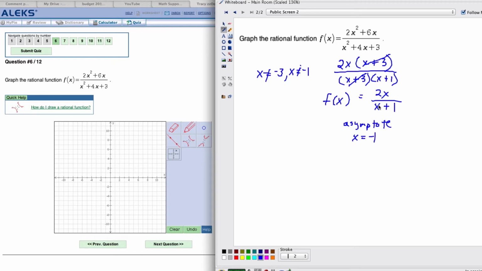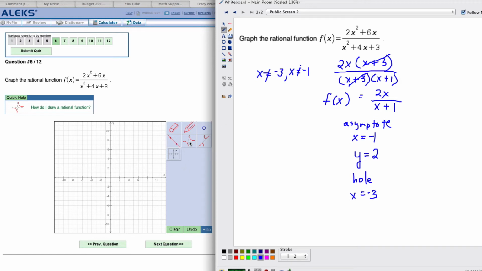And then remember that when these powers are the same, we take the ratio of the leading coefficients, 2 over 1. So you do have a horizontal asymptote here. It's going to be y equals 2. And then remember that the hole is going to be at x equals negative 3.